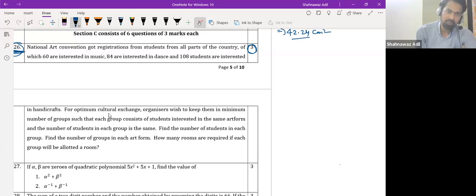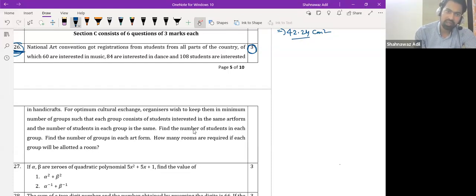For optimum cultural exchange, organizers wish to keep them in the minimum number of groups, such that each group consists of students interested in the same art form and the number of students in each group is the same. Find the number of students in each group, the number of groups in each art form, and how many rooms are required if each group will be allotted a room.